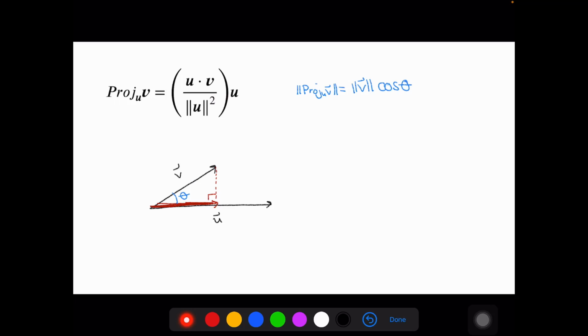If you take a look at my picture, I have tried to draw in red the projection of vector v onto vector u. I'm going to call theta the angle between those two vectors.